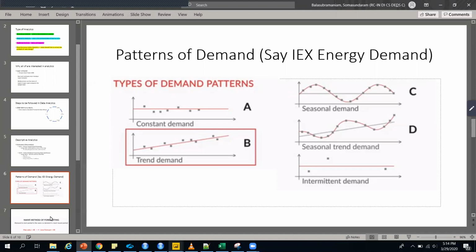We can tell the management that this is during summer, and last year also we have seen that there is an increase of this many percentage. Forecasting is very important.